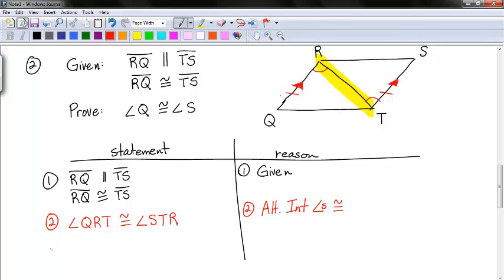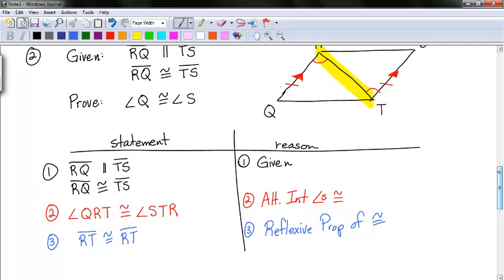So, RT is congruent to RT. Why? Reflexive. Yep. That is the reflexive property of congruence.